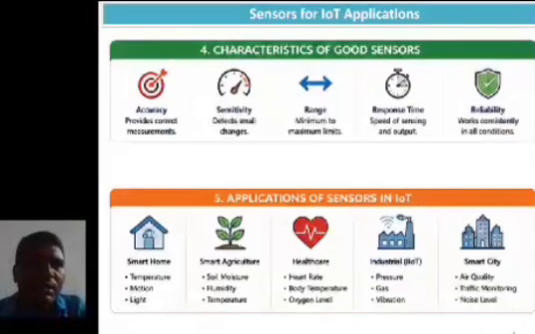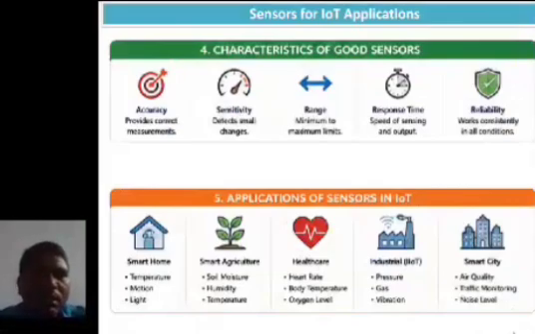Irrespective of any conditions, it works consistently. So these are some of the characteristics of a good sensor. Based on these characteristics, we need to select which sensor is suitable for our applications. These factors determine the quality and the performance of a sensor.